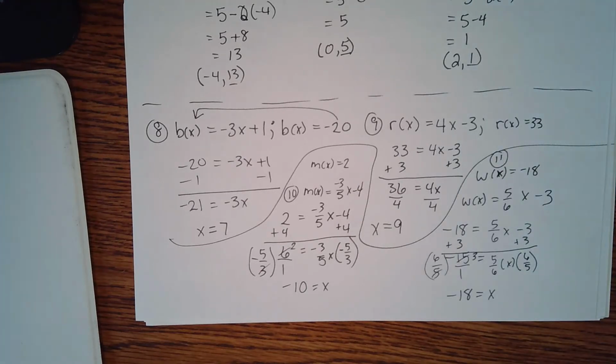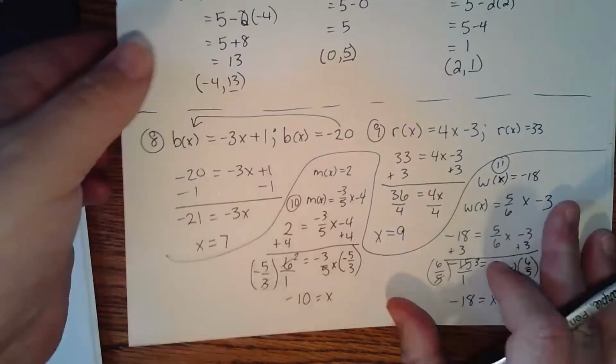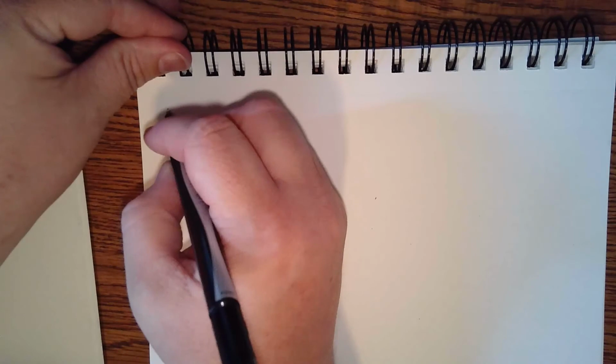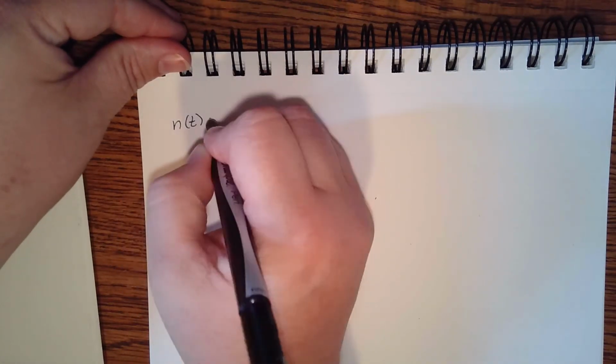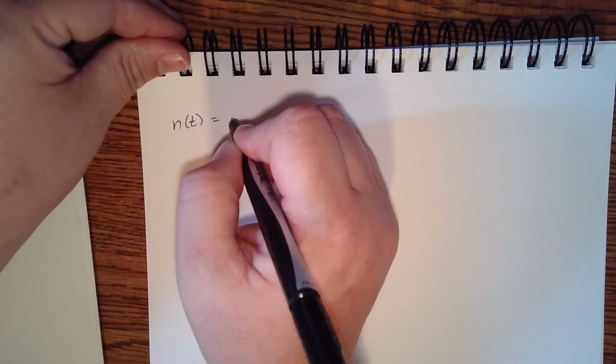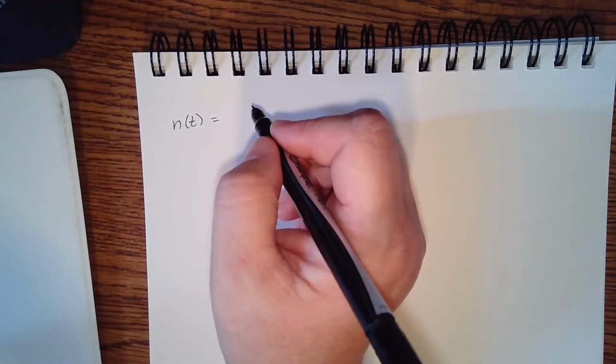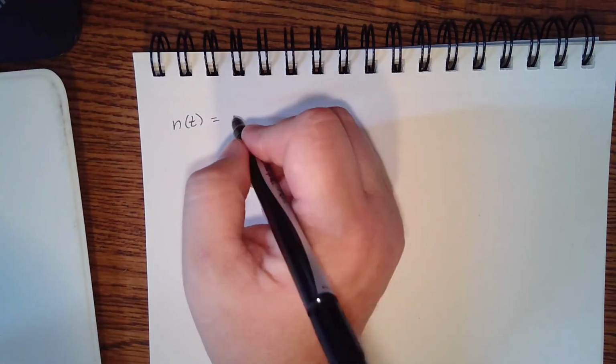All right, number 7. Let's look at that particular problem. Let me flip over my notepad here. So number 7 is dealing kind of with a story problem. This is n of t. And basically what it is is the number of DVDs you have per trip.